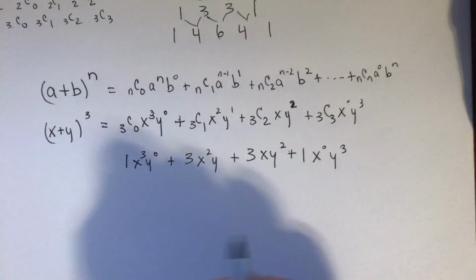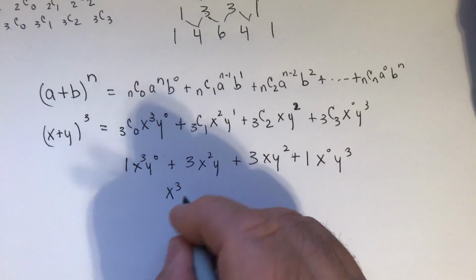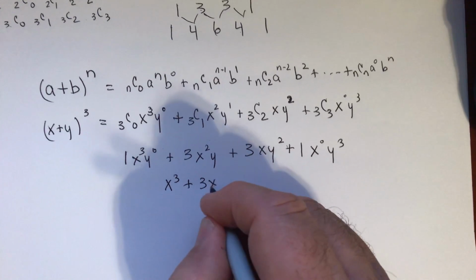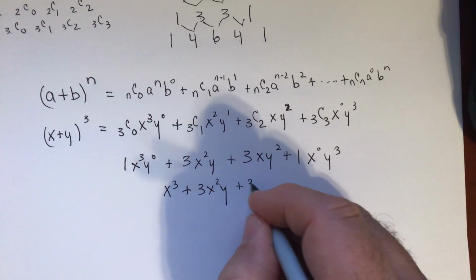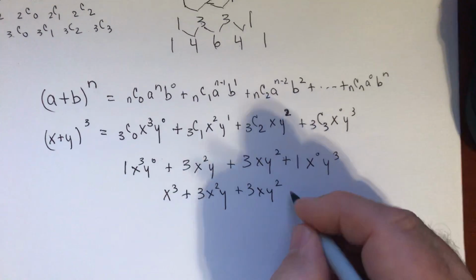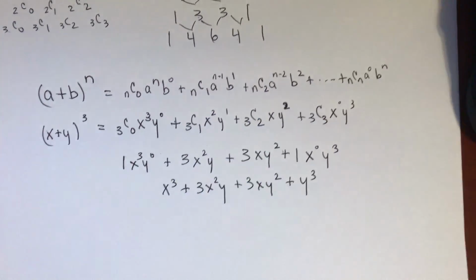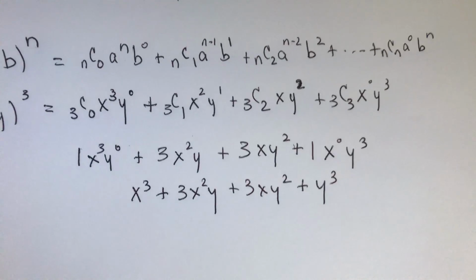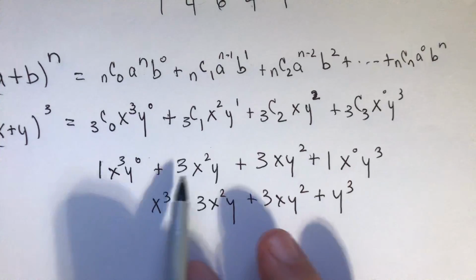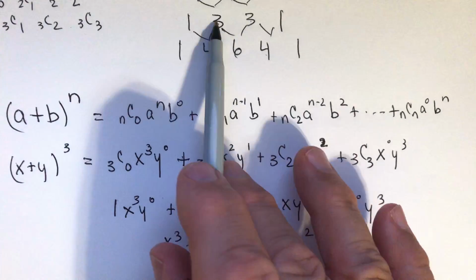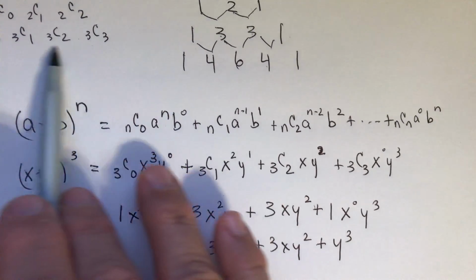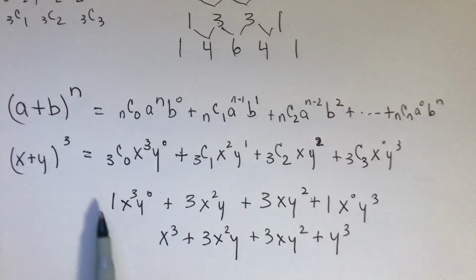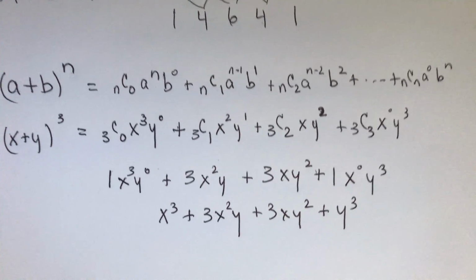And then if you simplify all this, you would get x to the 3rd plus 3x squared y plus 3xy squared plus y cubed. All right, notice that 1331, which represents the 3rd row of Pascal's triangle, always goes in front.